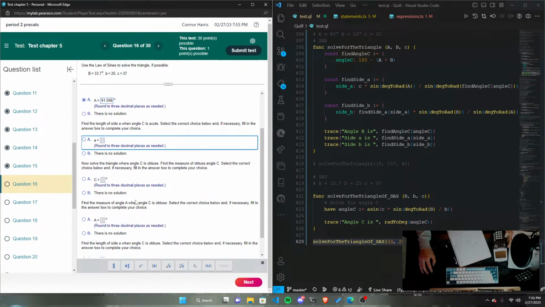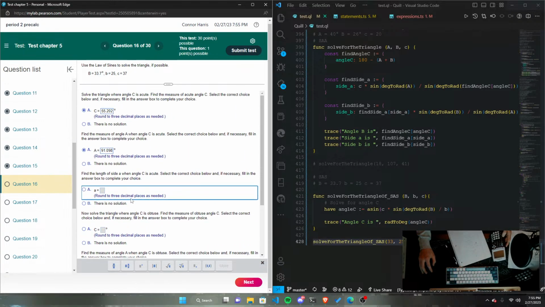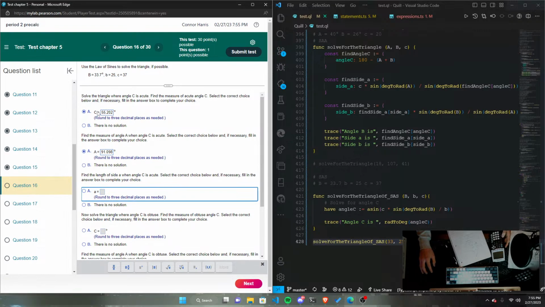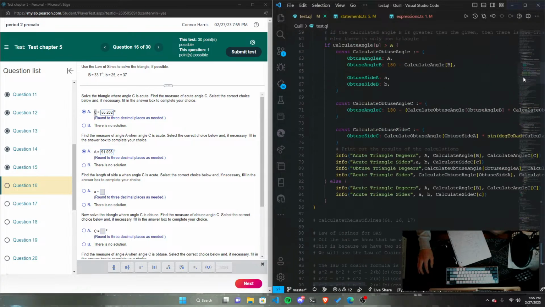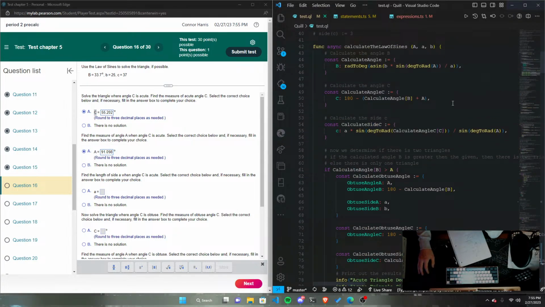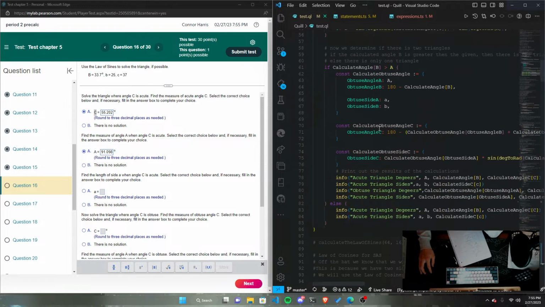Alrighty, so now it's obtuse, because we initially solved for angle C, and angle C is greater than all of this. So yeah, it's obtuse, which would be this function here. Okay, yeah, no, this makes sense now.